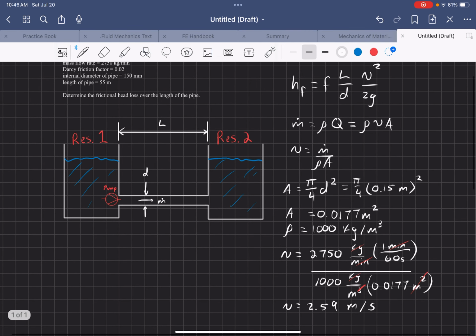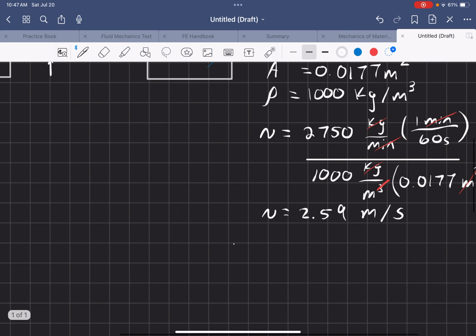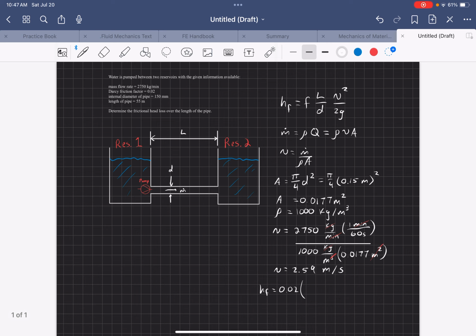Now that we have our velocity, we can determine our frictional head loss directly from the formula. hf is equal to f, which is 0.02, times the length of the pipe divided by the diameter of the pipe. The length of the pipe is 55.